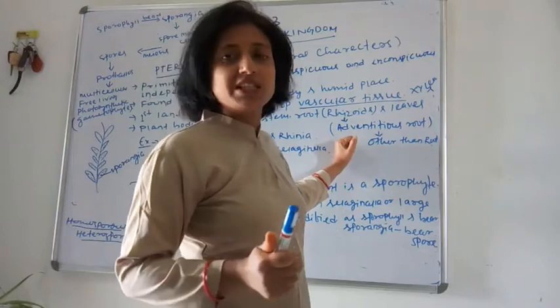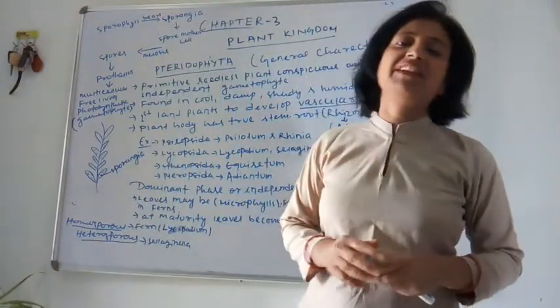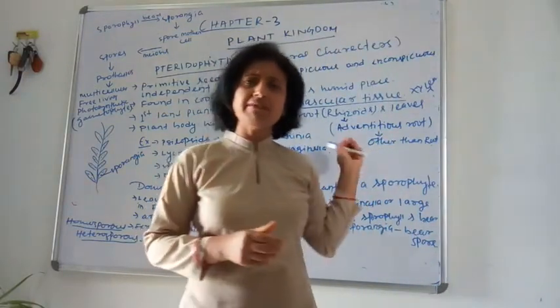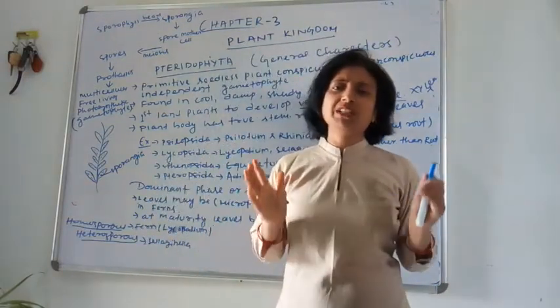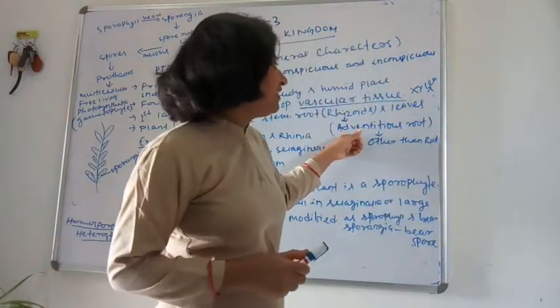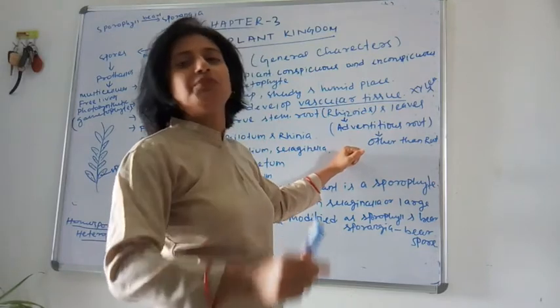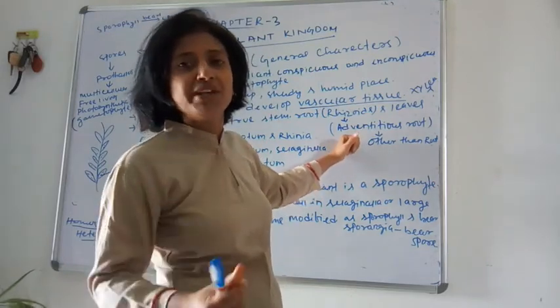Some species of pteridophytes have adventitious roots. What do you mean by adventitious root? You will study about this in chapter 5, morphology of flowering plants. Adventitious root means roots arising from any part of the plant other than the main root.